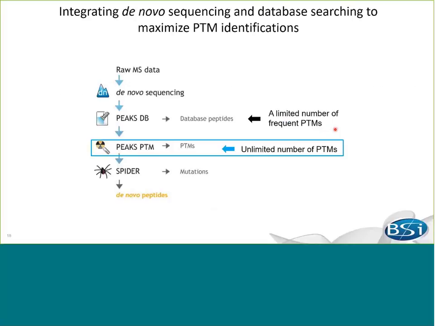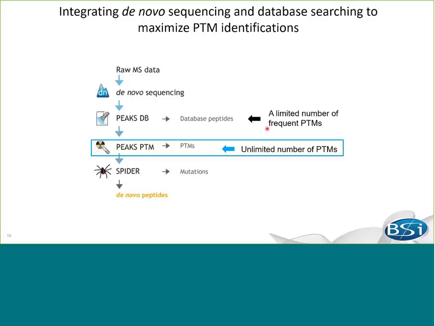The PEAKS PTM function uses results derived from the powerful de novo sequencing algorithm and database searching. So this is a typical data analysis workflow in PEAKS. First, de novo sequencing is carried out for each spectrum. Secondly, PEAKS database or DB searching is used to identify proteins. A few highly frequent PTMs can be specified at this step.